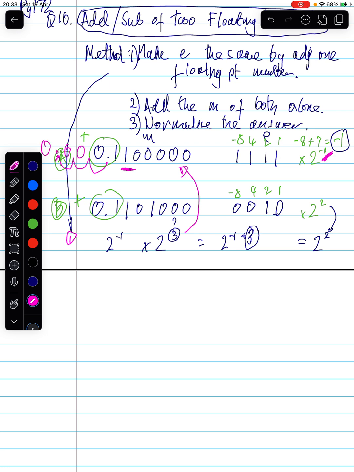That is our mantissa, so let's put that here. That's going to be 0.00011, and that is all to the power of 2 because we made that adjustment.